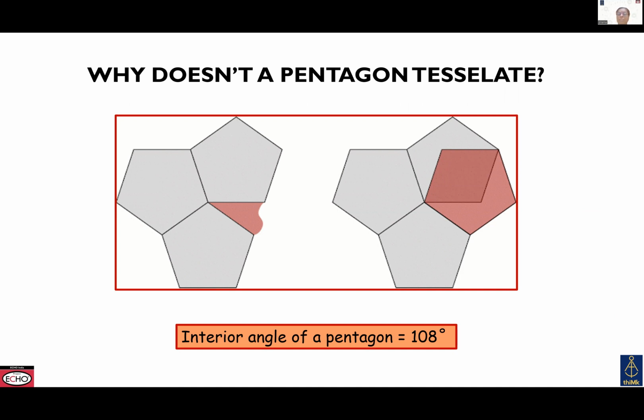A regular pentagon's angle is 108 degrees, and 3 times 108 is equal to 324, which is just less than 360 of the full circle, and therefore the gap occurs. It's quite straightforward, right? And if I keep a fourth pentagon, it must overlap because 4 times 108 is 432, which is greater than 360 of the circle, as shown in the second figure.